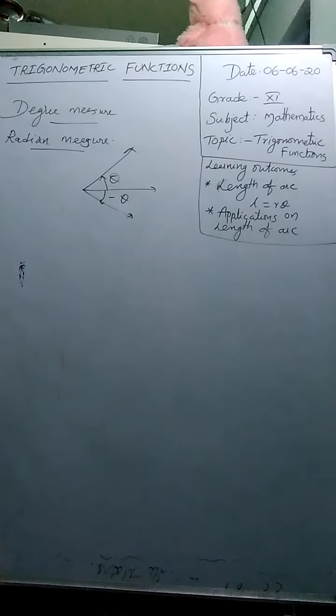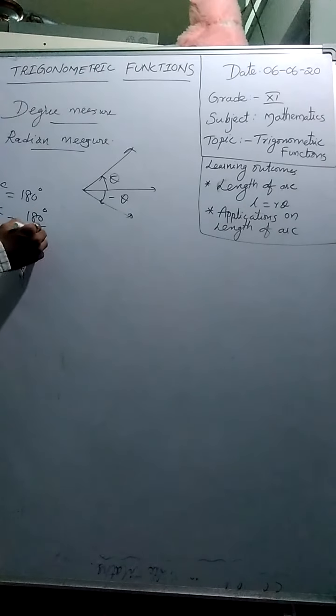and how to convert degree measure to radian measure and radian measure to degree measure. You people have learned this in the last class. That is nothing but pi radians equals 180 degrees. 1 radian equals 180 degrees by pi.